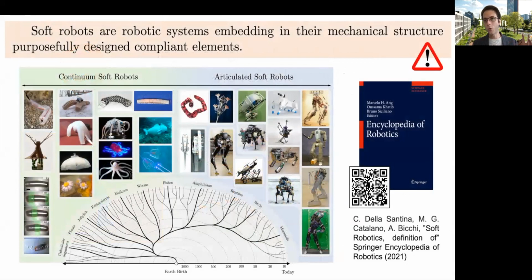And among all robots, this is particularly relevant for soft robots, so mechanical systems with elastic elements embedded into them, because this makes them especially suited for performing oscillatory tasks. However, the theory is developed for generic mechanical systems.